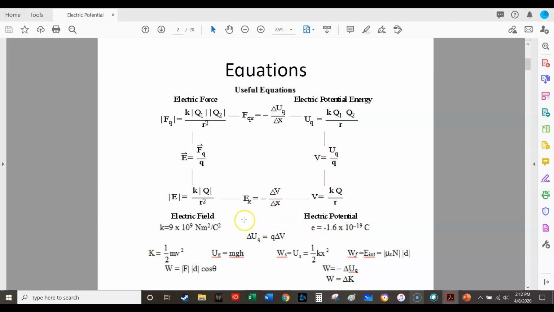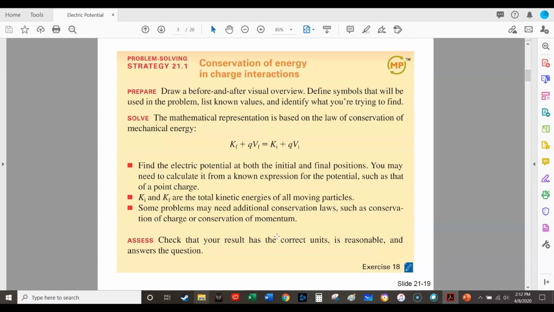So what we're going to be doing is using potential energy now, just like we did in Physics 121. We're going to be using energy to solve equations. And now we're adding on the electric potential energy, which is Q delta V. All right, so there's a method.